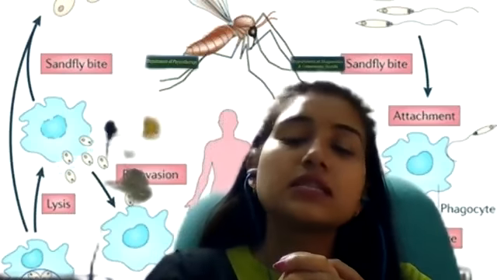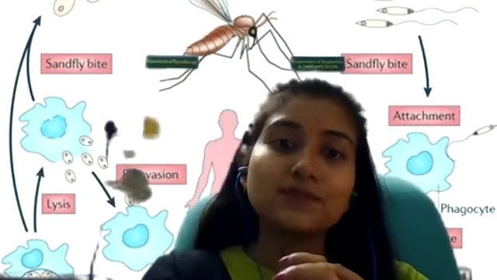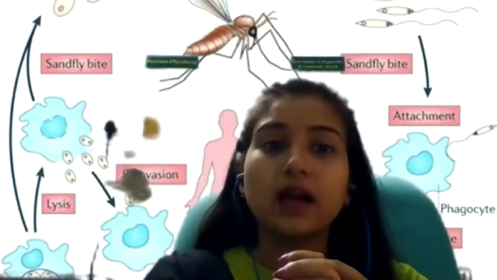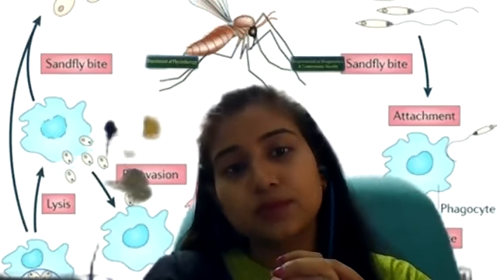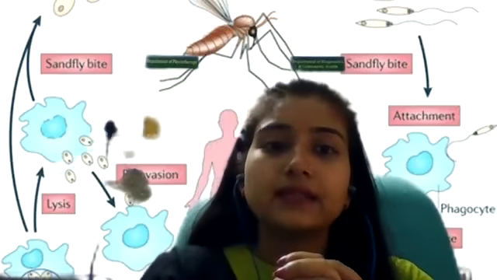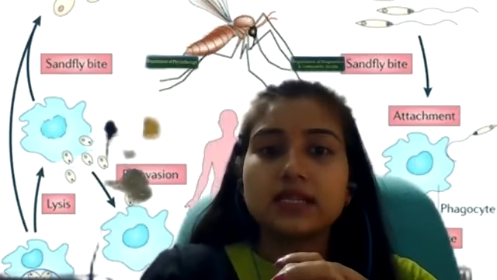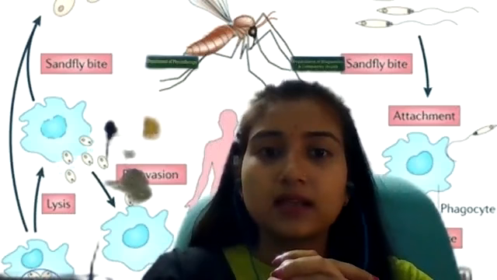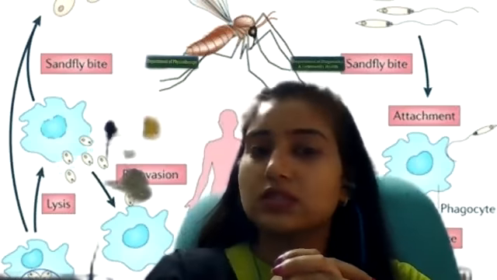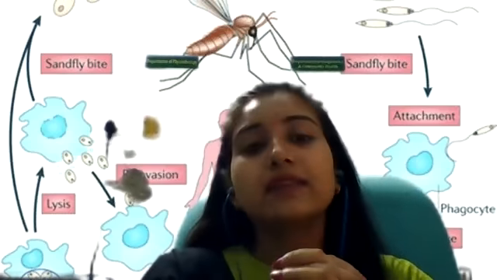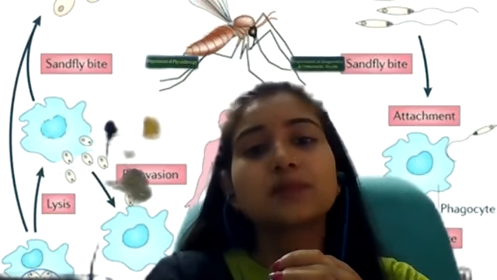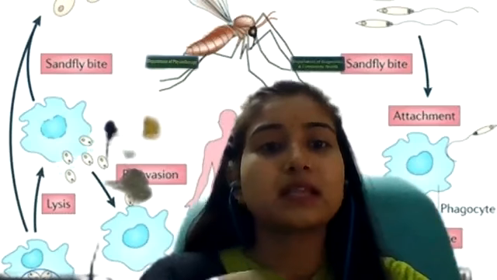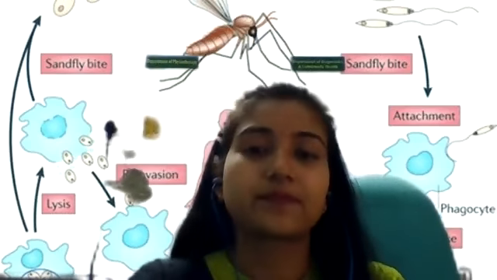Second, cutaneous leishmaniasis: the Leishmania tropica complex, Leishmania aethiopica, Leishmania major and the Leishmania mexicana complex are the causative parasites. And third, mucocutaneous leishmaniasis, caused by the Leishmania brasiliensis complex.